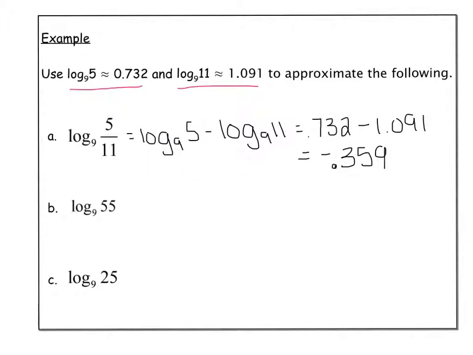In part B, we have log base 9 of 55. Well, 55, you can't split that up just by looking at it. It's not going to be the log base 9 of 5 minus the log base 9 of 5. But we know that 55 is 5 times 11. So I'm going to change that 55 into a multiplication problem. Then, because I changed it into a multiplication problem, I can expand it and change it into an addition problem.